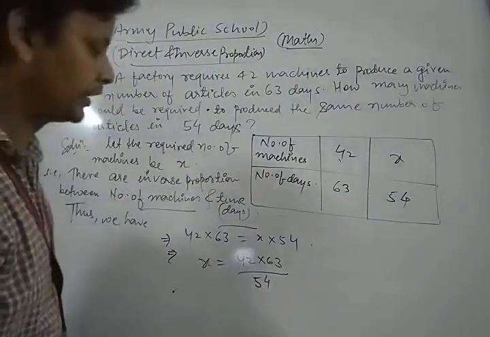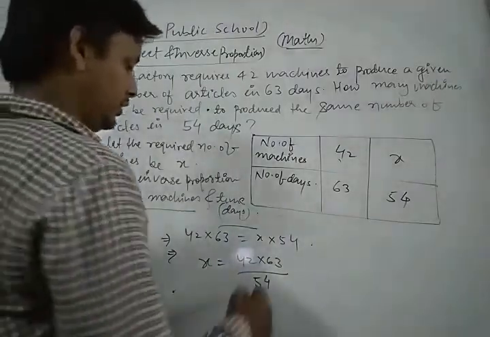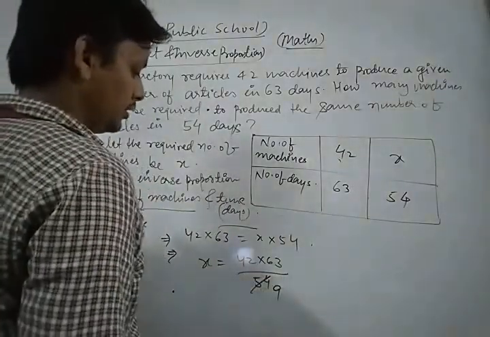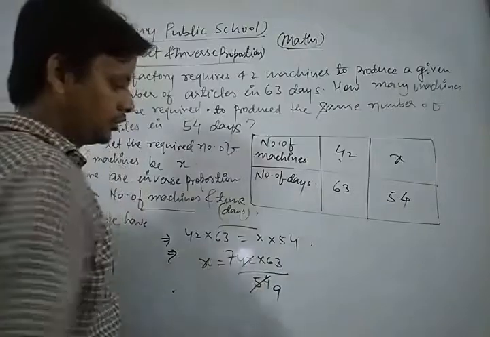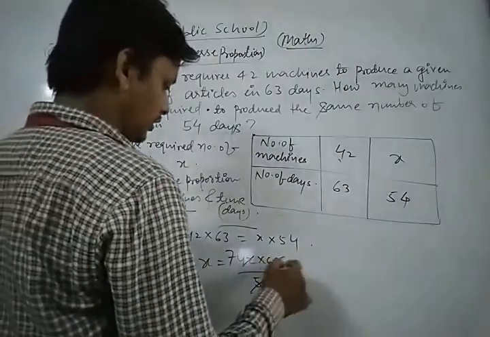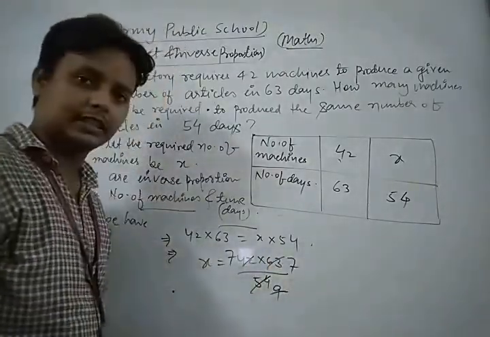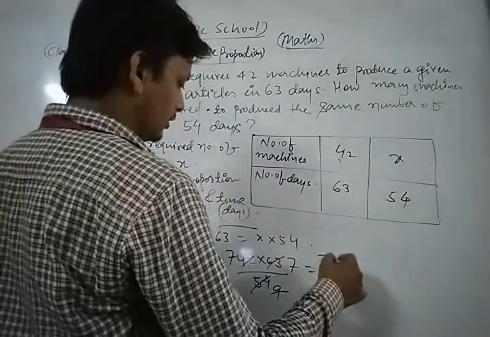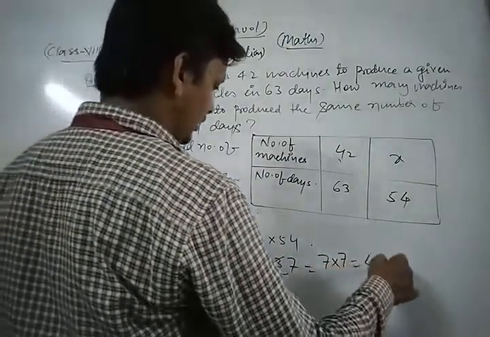Now we just simplify them. 6 9s are 54, 6 7s are 42, 9 7s are 63. Now we get 7 into 7, that is 49.